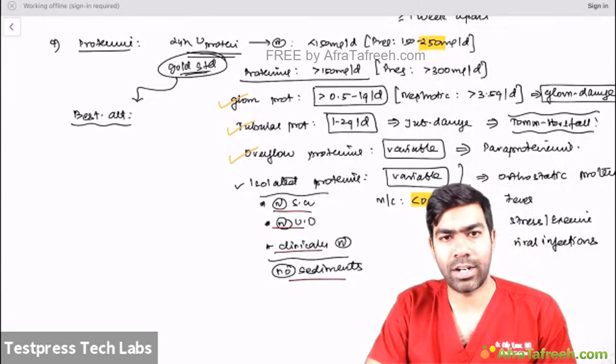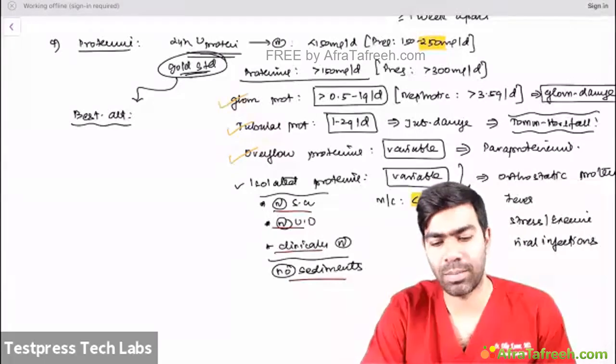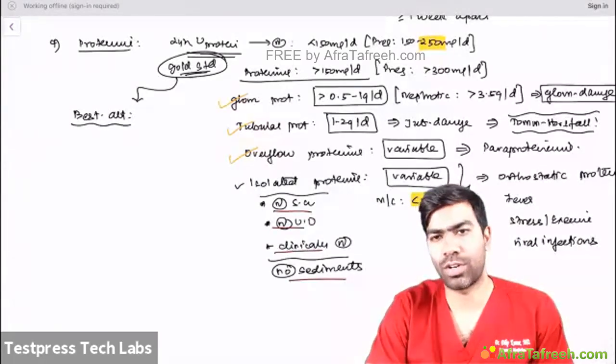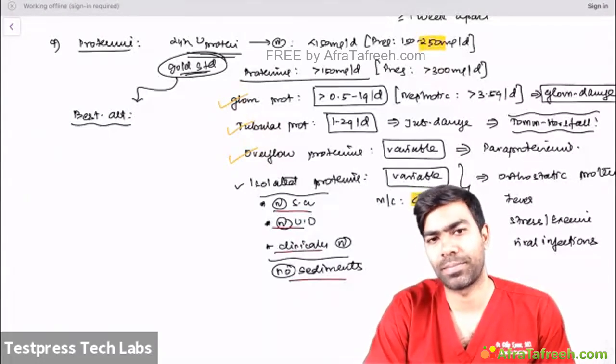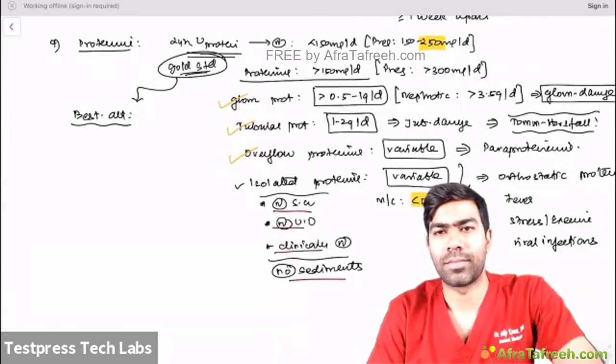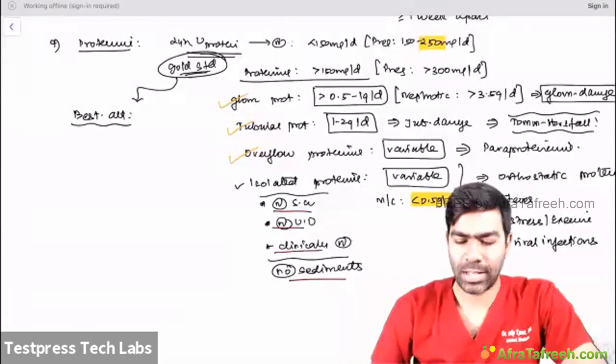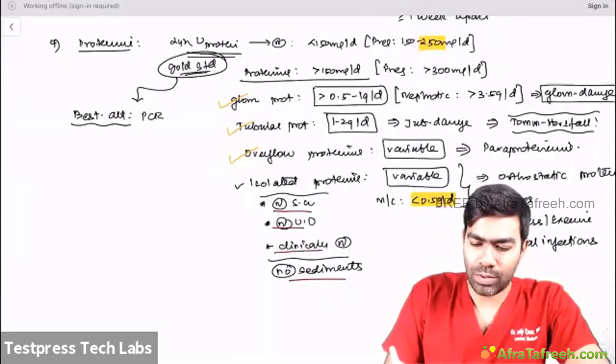You know, the gold standard is still 24-hour urine protein only, but what is the surrogate marker here? Yes, protein creatinine ratio. That's called a spot protein creatinine ratio.